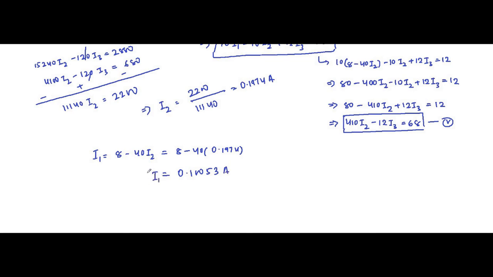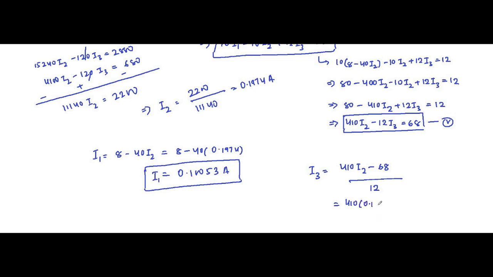So we have got one of the currents, I1. Now we have to use another equation to find the value of I3. So we can use this equation, 410 I2 minus 12 I3 equals 68. By rearranging the equation, I3 will be 410 I2 minus 68 by 12. So again we'll substitute the value of I2, 0.1974, that is 410 into 0.1974 minus 68 by 12.